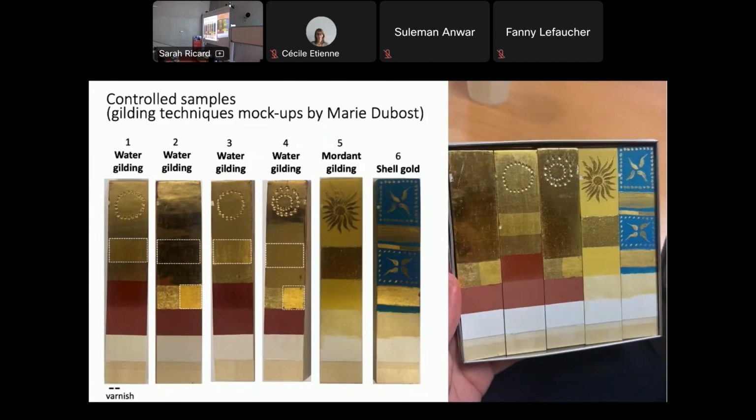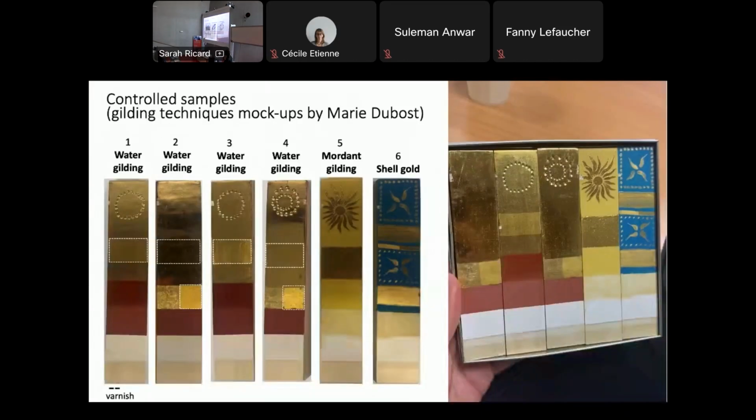What you can see is, of course, that the specular and diffuse reflection are very different based on the nature of the gilding, the nature of the bole, and also the finish of the surface, whether it be burnished or varnished, for instance.